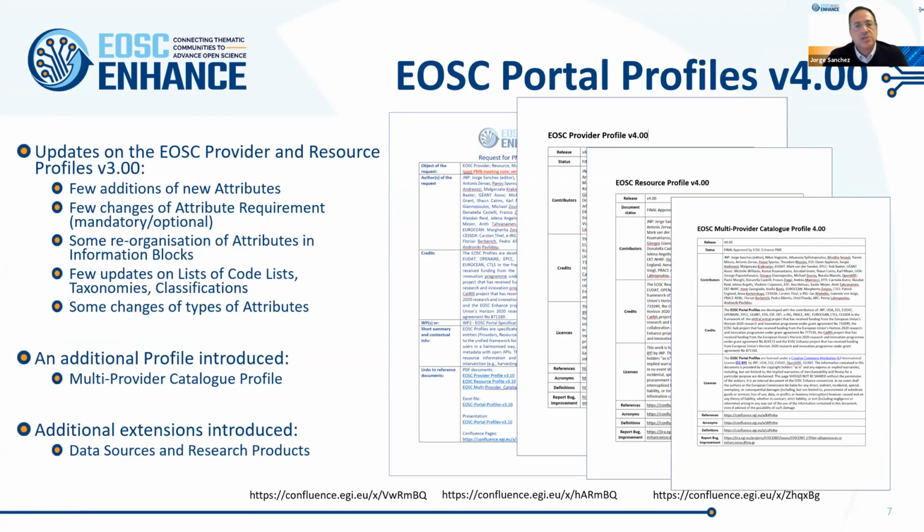Among those requirements are updates on the existing EOSC Provider and Resource profiles that led to a few additions of some attributes, some changes on the attribute requirement, whether this is mandatory or optional, some reorganization of the attributes so that they make sense in information blocks, some additions into the code list, taxonomies, and classification, and some changes of the types of the attributes.